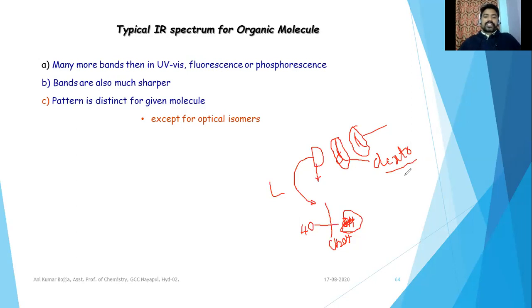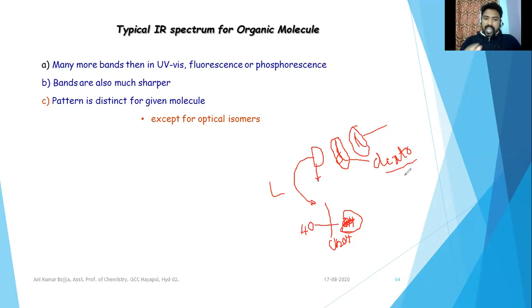Why is this rotation happening? It is exclusively related to the spatial arrangement of different groups or different atoms at the chiral carbon.